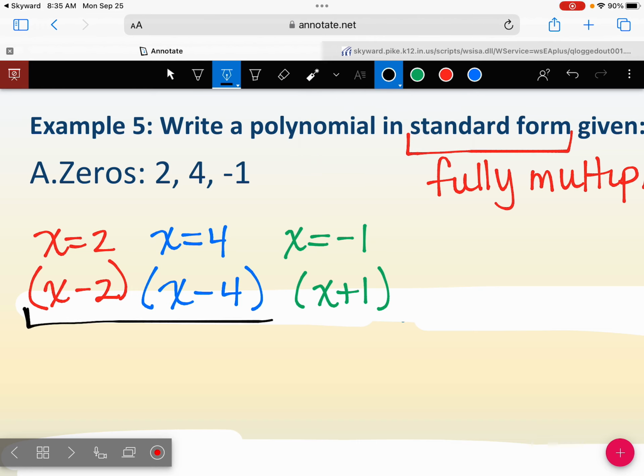So go ahead and pick 2, make a box, unless you know the shortcut. Multiply those together.